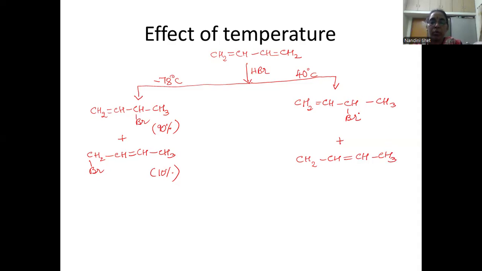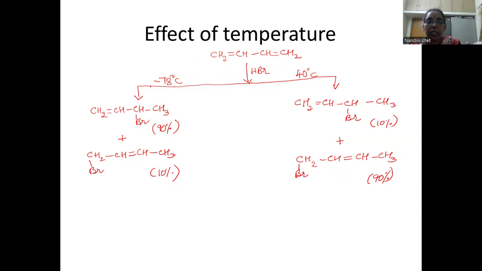But now 1,2 addition is formed only around 10%, and 1,4 Br is missing here, so I've added that. So 1,4 addition product, now this is the major product. So it varies, depends on the temperature.